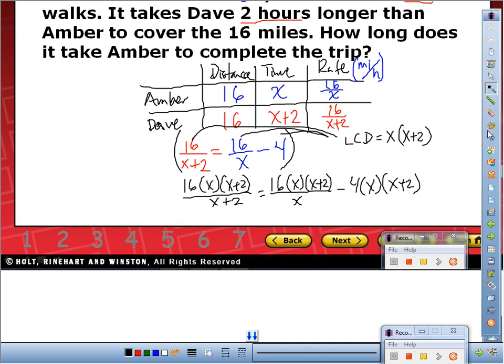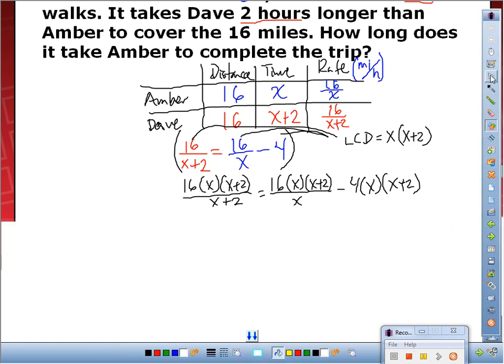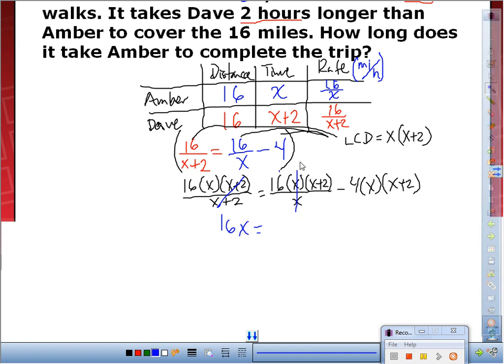You see the giant ones? Let me get some room here. A giant one here, and we're left with 16x equals. The giant one right here are the x's, and I'm going to distribute the 16. That's 16x plus 32. And negative 4 times x is negative 4x, so I'm going to distribute negative 4 in here.